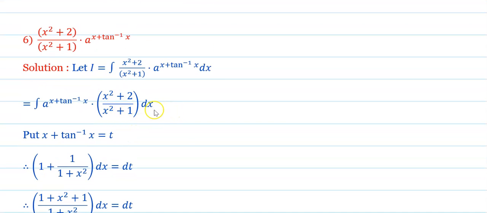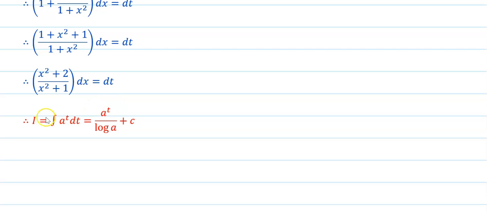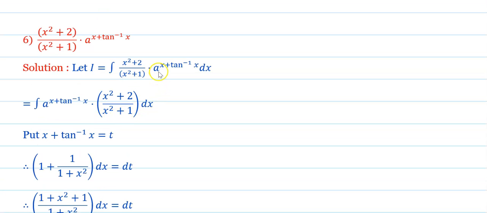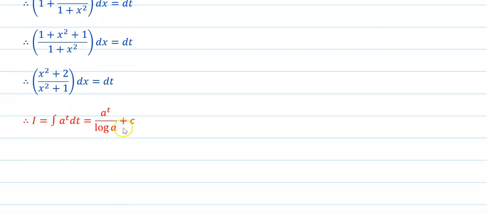Okay, ची व्हॅल्यू आपल्याला मिळाली, it's a dt, and hence our integral becomes I is equals to काय येणार ते, I is equals to a raised to t into x square plus 2 upon x square plus 1 into dx. Its value is dt. Okay, and hence our integral I is equals to integral a raised to t into dt. But what is its integral? a raised to t upon log of a plus c.